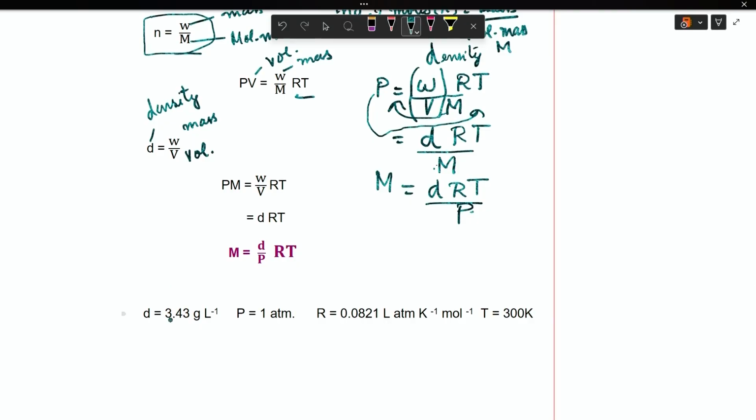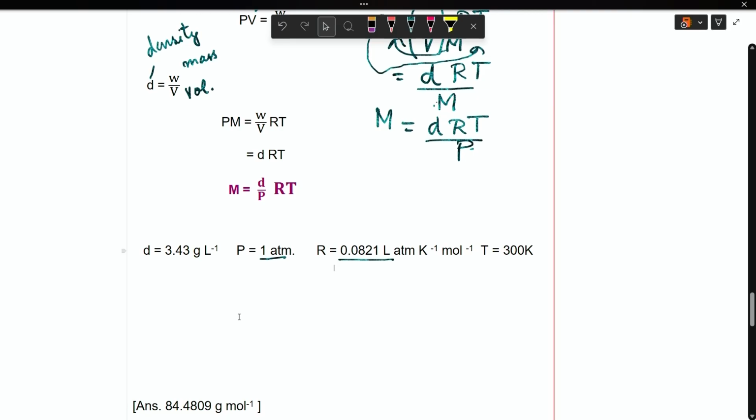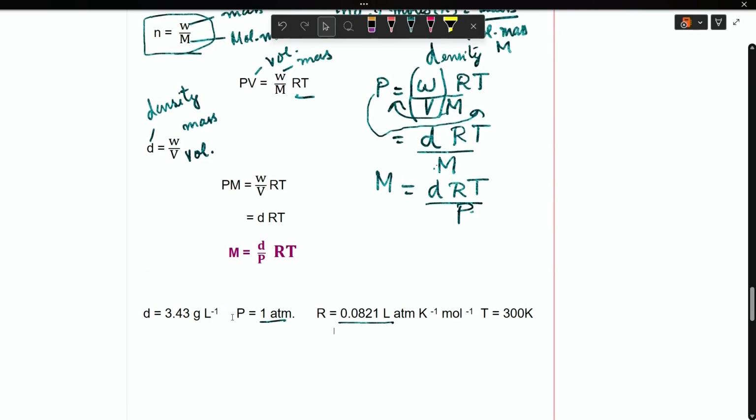Density is given as 3.43 grams per liter, pressure is equal to 1 atmosphere. Now, since pressure is given in atmosphere, I will take the value of R as 0.0821 liter atmospheres per Kelvin per mole. Temperature is given, 300 Kelvin. Now, I can substitute all these in this equation.